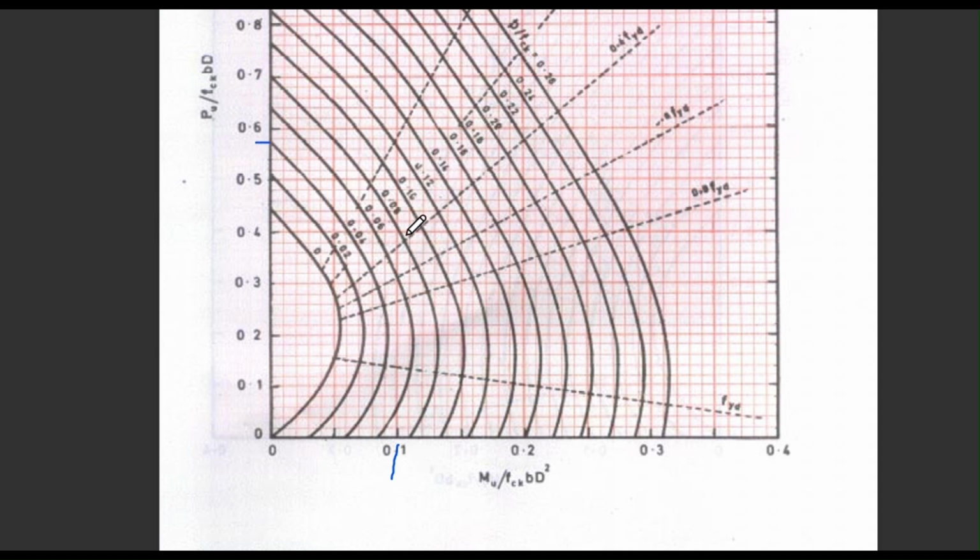So the intersection of these two points comes here. This curve is approximately near to the 0.12 p by fck value.